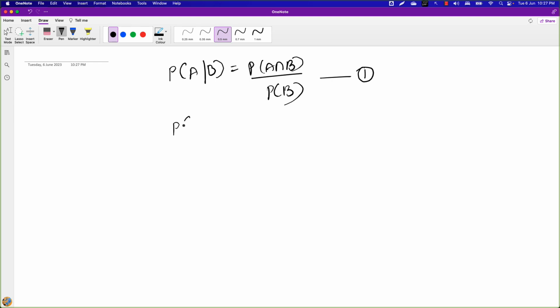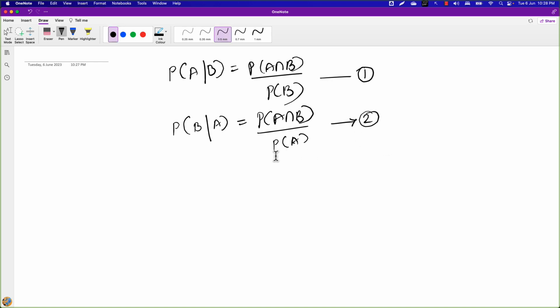In such a scenario, the formula will become the probability of B given A is equal to the probability of A and B occurring together, because B intersection A and A intersection B would mean the same thing. Hence the probability of A intersection B divided by, this time, the probability of A. I'll call this equation number 2.